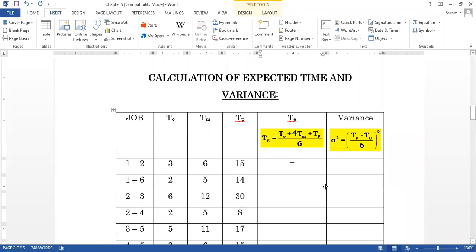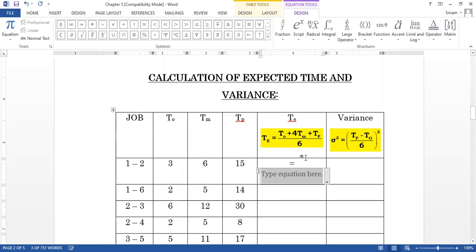Dear, can you see the Word document now? I copy-pasted to the new one so that I can insert the equation here itself. Now we are going to find the value of TE for each activity.